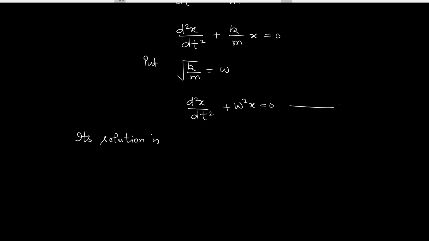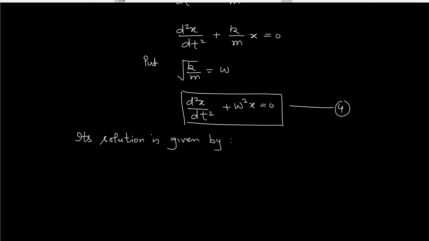we mark this as equation number 4. Its solution is of the form x is equal to a sine omega t plus phi. This is equation number 5, where a is the amplitude, phi is the phase angle, and this is the equation of simple harmonic motion.